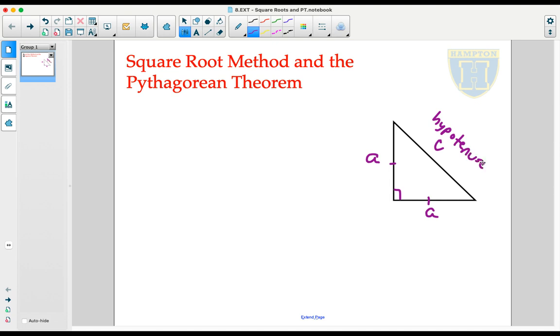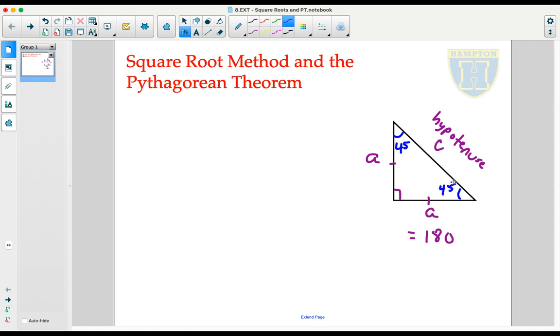Now, what's so interesting about this particular triangle is that not only can you automatically decide on the side lengths, A and A are the same, C is the hypotenuse, and it must be longer than A and A. But because we know that the sum of the angles of a triangle is 180, and that the two other angles must be congruent because they open up to the faces or the legs that are A and A respectively, that means that this angle must be 45 degrees and this angle must be 45 degrees.